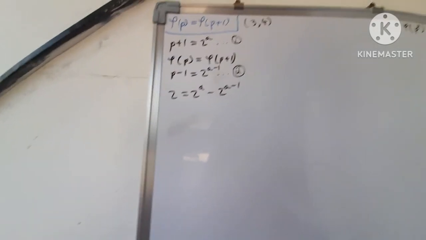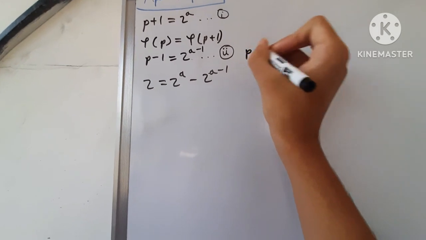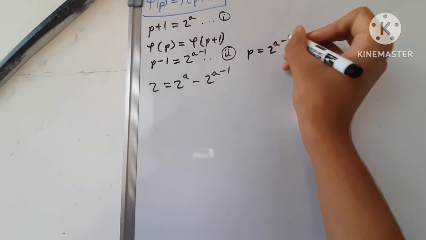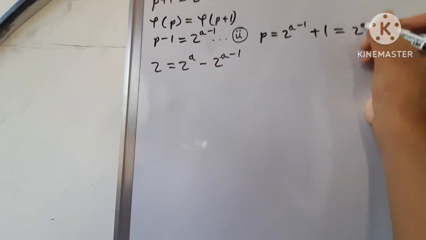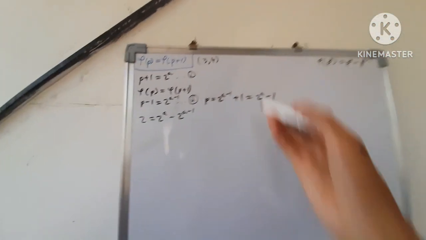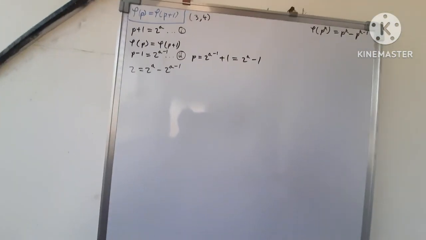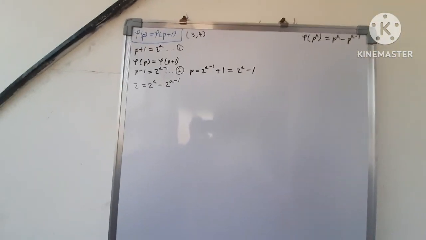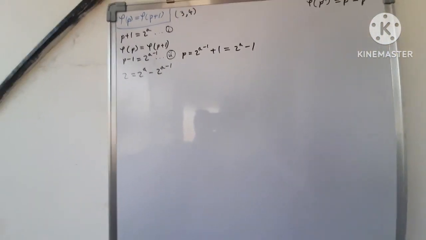Also, just a slight note here. According to this, p is 2 to the a minus 1 plus 1 and 2 to the a minus 1, so it's a Mersenne prime and a Fermat prime. That's pretty interesting, and I think 4 fits both of those categories, which is pretty cool in itself.